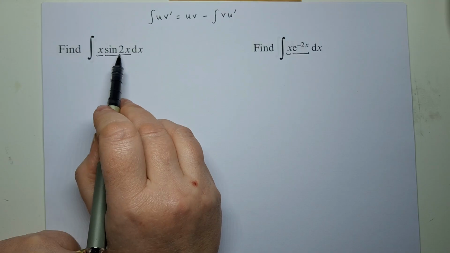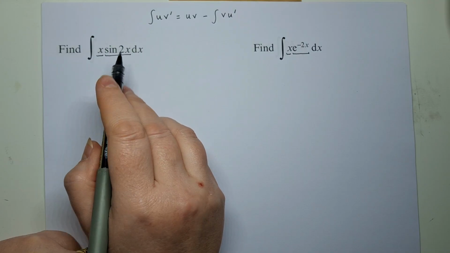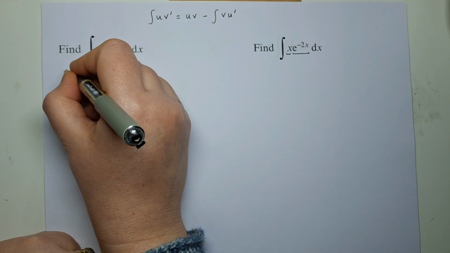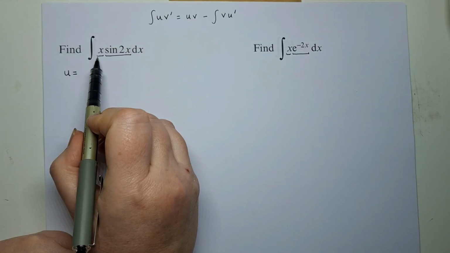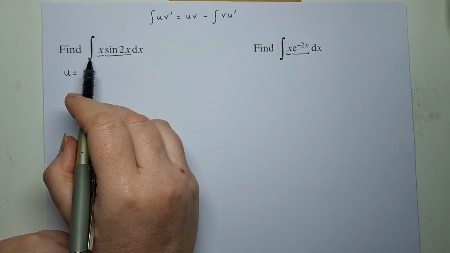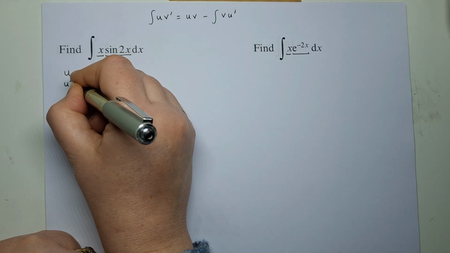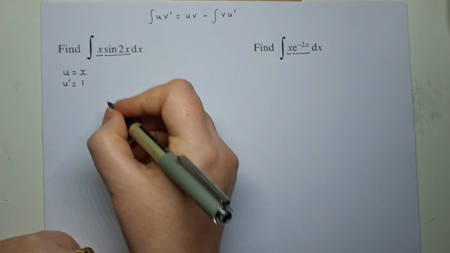So my two terms, one of them is the u, one of them is the v dash. Generally, you will pick the u as the single x or simpler x term, because that's going to get easier as it differentiates.